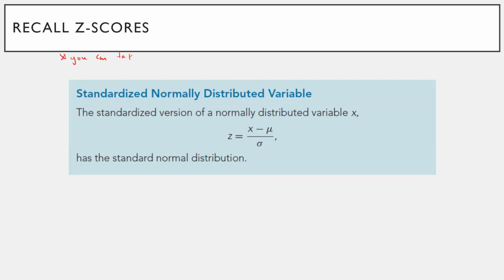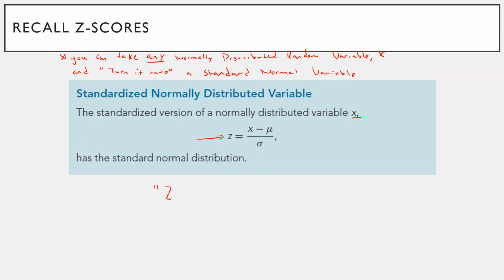So you can take any normally distributed random variable x, and turn it into a standard normal variable. The standardized version of a normal variable x, we denote with the letter z.